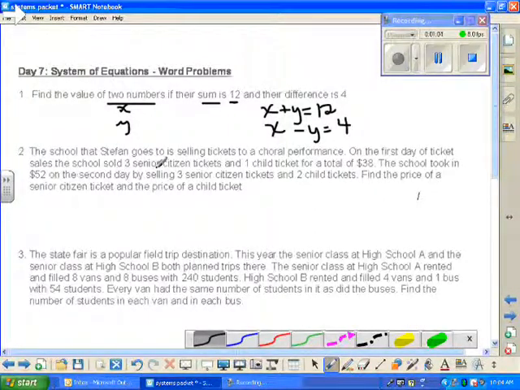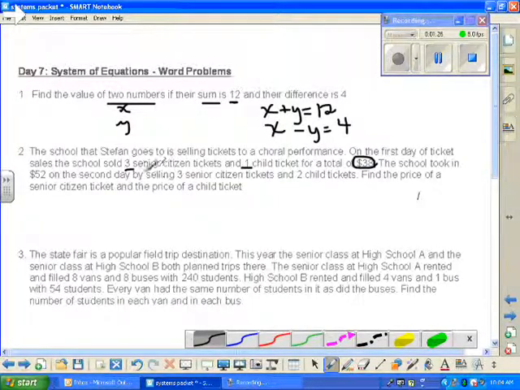The school that Stefan goes to is selling tickets to a choir performance. On the first day of ticket sales, the school sold 3 senior tickets and 1 child ticket for a total of $38. So let's look at just that one part here.